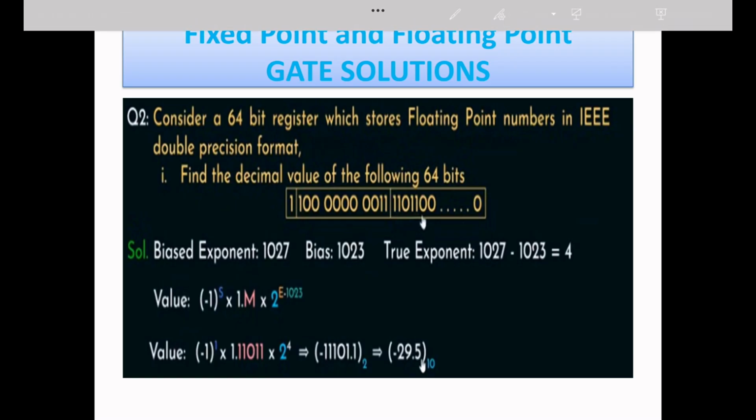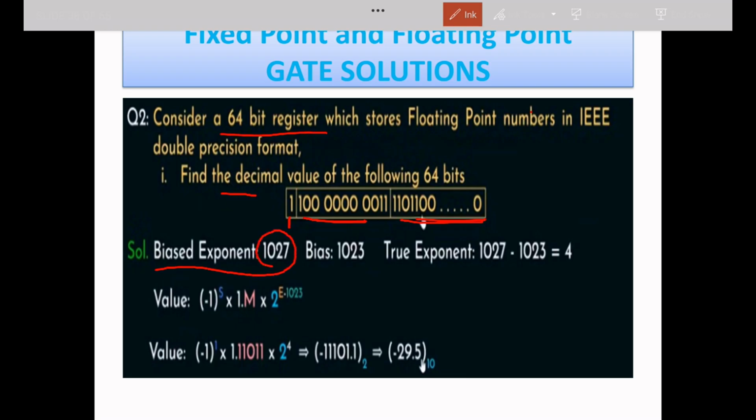Now the next question: consider a 64-bit register, and find the decimal value for the following 64 bits. First the sign is indicating this is negative, after that this is the exponent form, and this is the mantissa form. Now see here, the biased exponent is equal to 1027. Why?